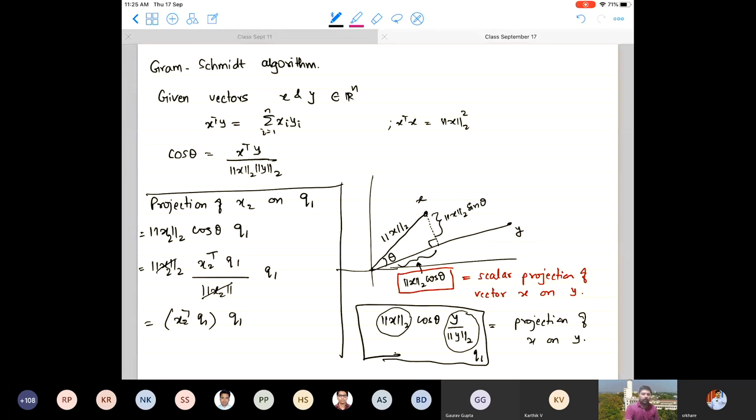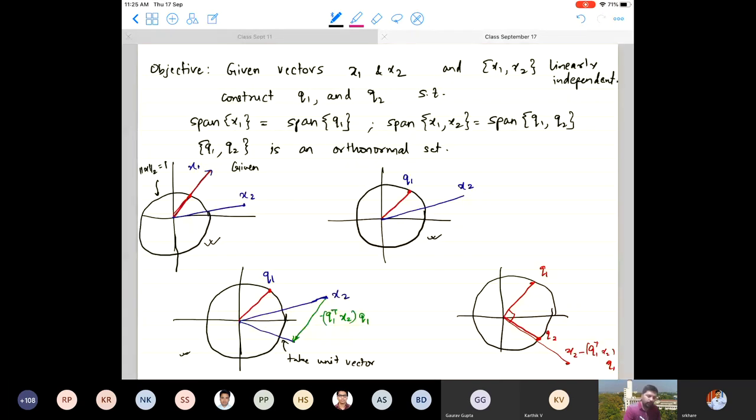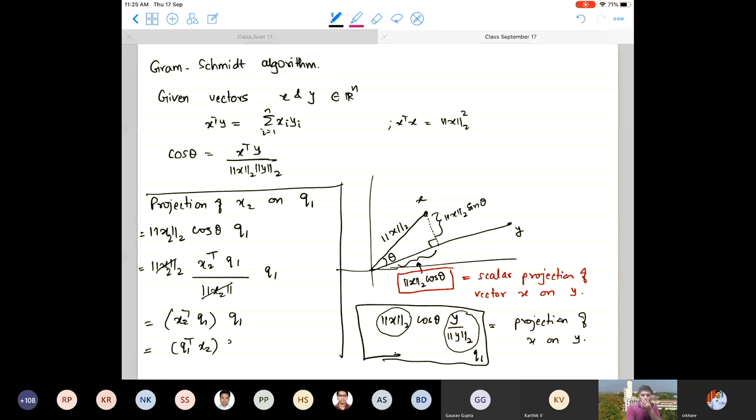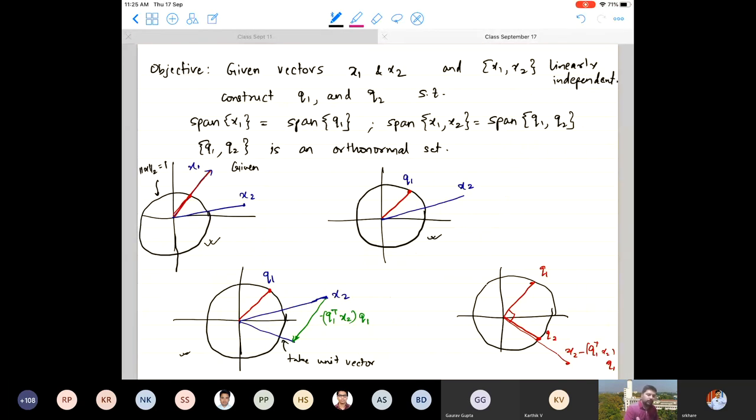Do you understand how I get this particular vector, x2 transpose q1 into q1? Since x2 transpose q1 is the same as q1 transpose x2, I can write this as q1 transpose x2 into q1. So this vector is the projection of x2 onto q1.